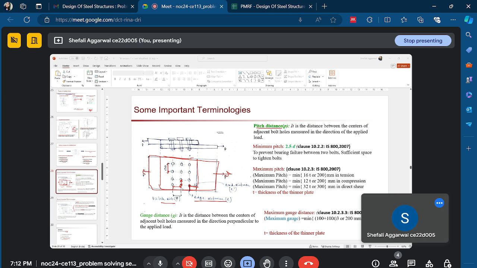In the same way, in the direction of force, the distance between the last bolt and the plate end is given as end distance, and the distance between the last bolt and the plate end in the perpendicular direction is given as edge distance. Is it easy to understand? Yes. So pitch and end are in the same line, and gauge and edge are in the same line. It depends on your line of force. In the line of force, it's pitch. Perpendicular is gauge.